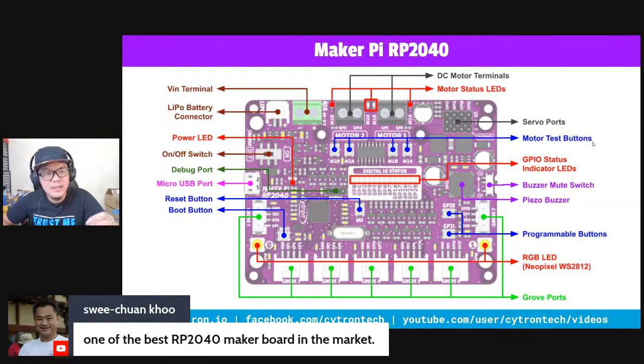This is like a quick test, so you can verify your motor is actually working without programming it. And then servo ports, there are 4 channels for servo, GP12 until GP15. And then last but not least, the DC motor terminals together with motor status LEDs.